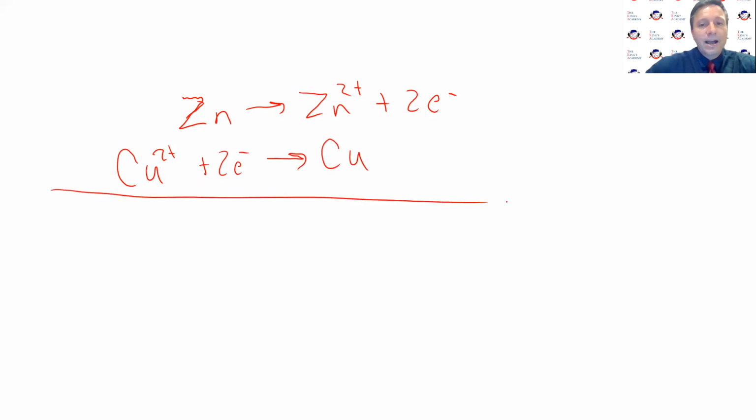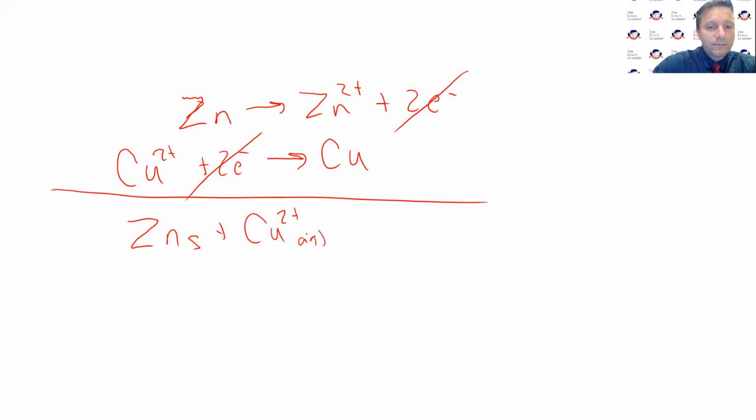If I was going to balance this, I have my electrons cancel on each side, so I could write zinc solid plus copper 2+, aqueous, and I have my arrow here. I have my zinc 2+, aqueous, plus my Cu solid, my copper solid, which is plating on the other side, on the other electrode.